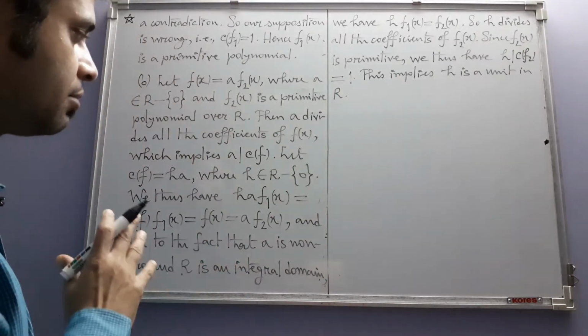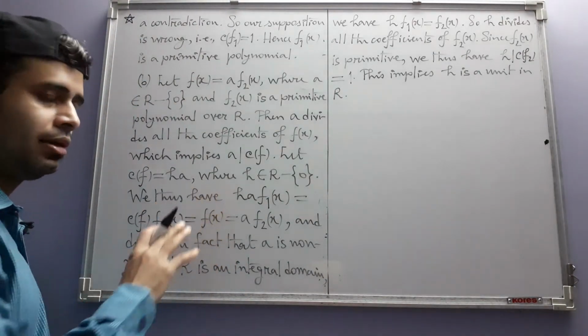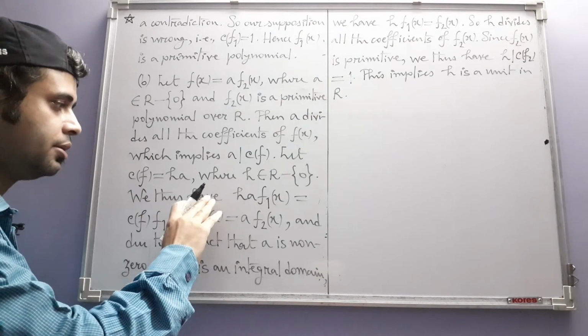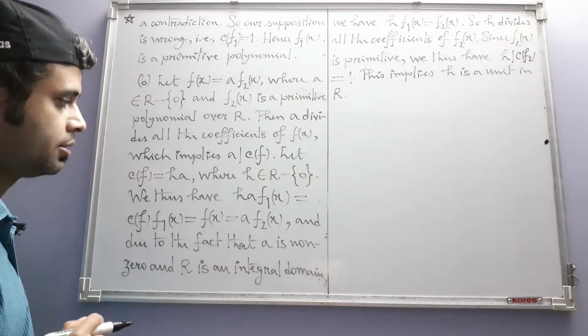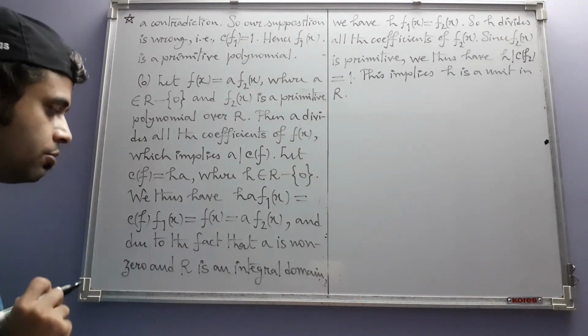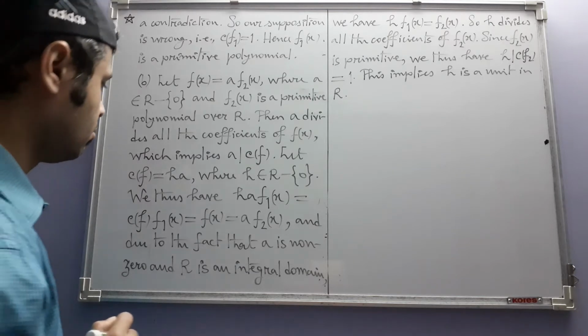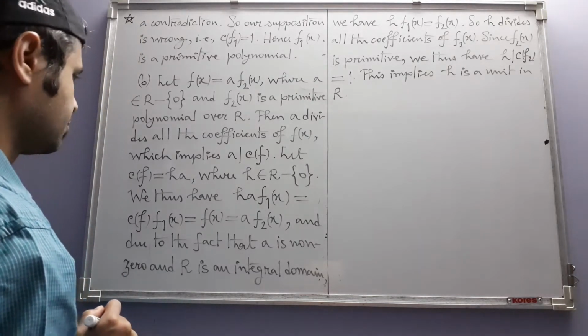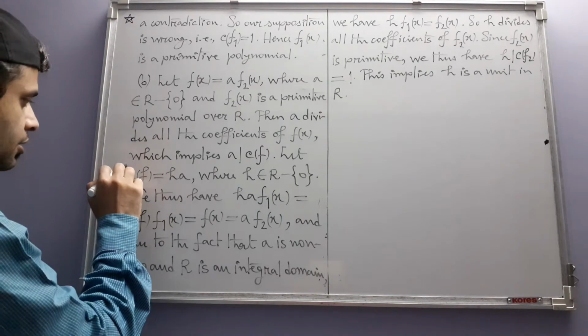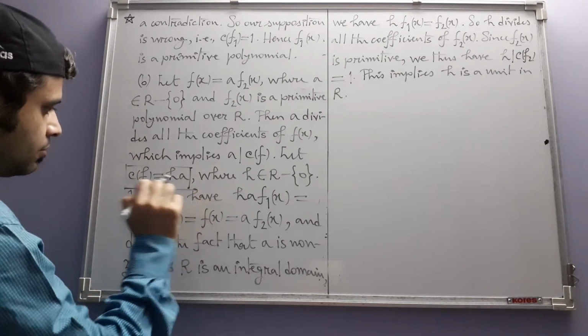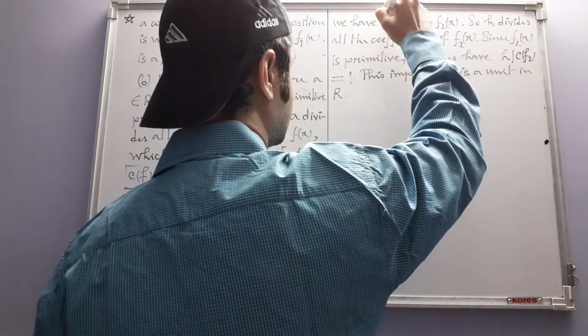Now from here we can conclude the thing that we want, namely uniqueness up to associates. There are two things to note. One of them is this equation, and the other is this equation.